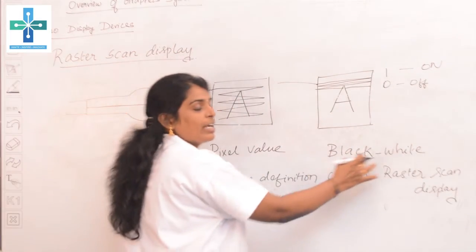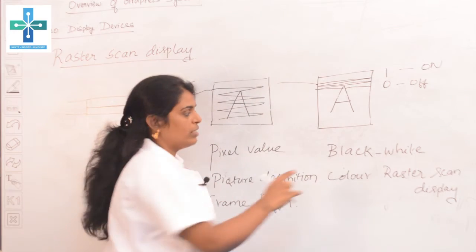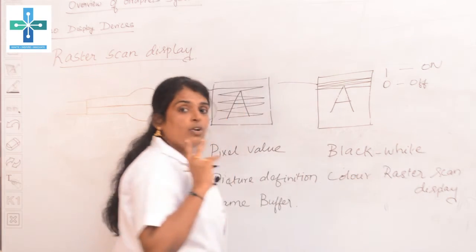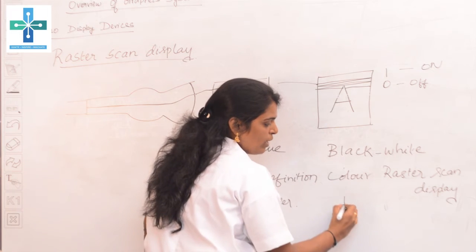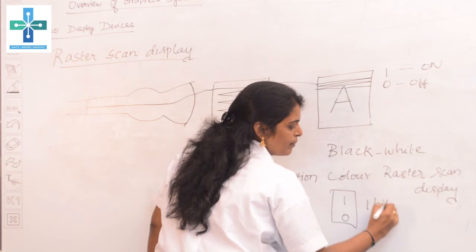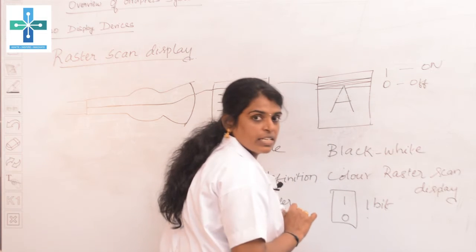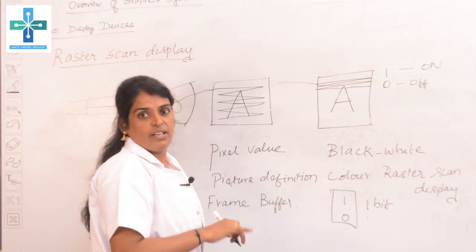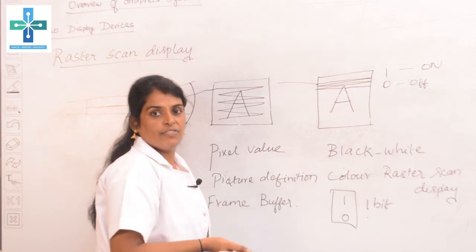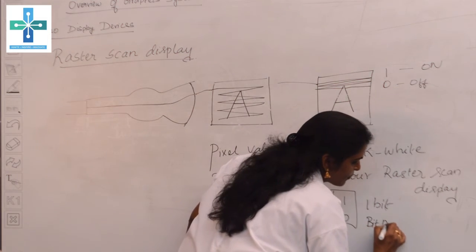In the black and white raster scan display, it can use only two intensities, because it is black and white. One is 1 and 0. Together, we say this is 1 bit. Storing this 1 bit of information inside a frame buffer is called a bitmap.